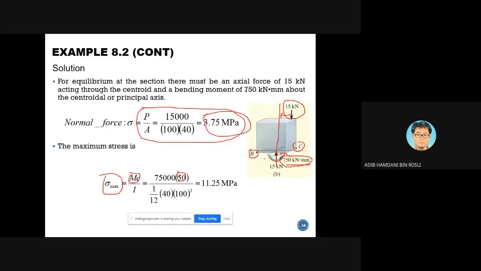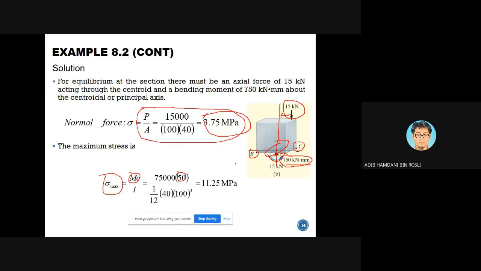Because we want to find the stress at B and at C, B is minus 50 and point C is plus 50 distance from the neutral axis. Here you have to be careful, the neutral axis is this one.